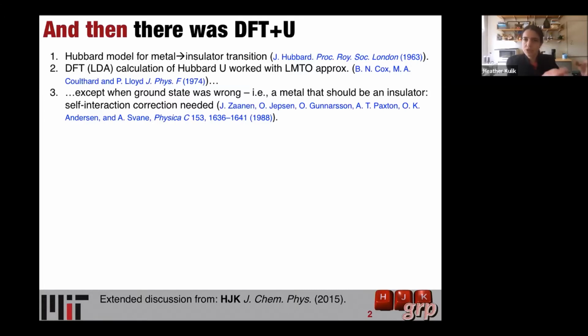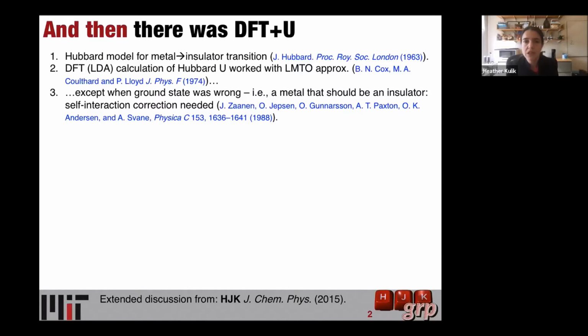So people were using the Hubbard model. LDA+U didn't exist yet, but people used the LDA to compute Hubbard U's in the sense of what should go into my Hubbard model. But this would fail catastrophically if the ground state you were trying to compute Hubbard U from was wrong. For example, if you were trying to compute Hubbard U for an insulator, but the LDA calculation produced a metal.